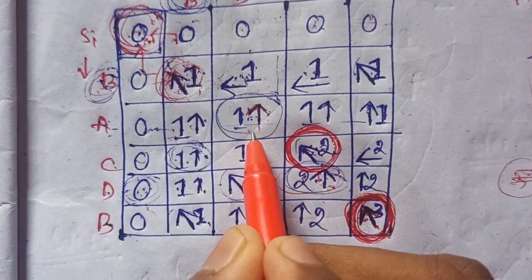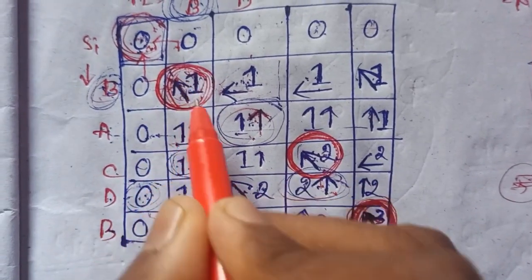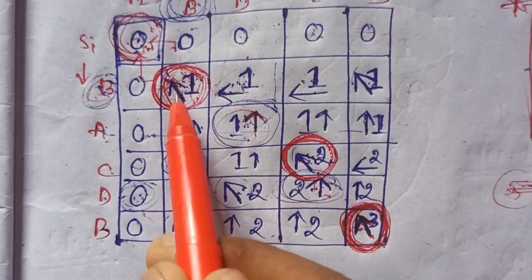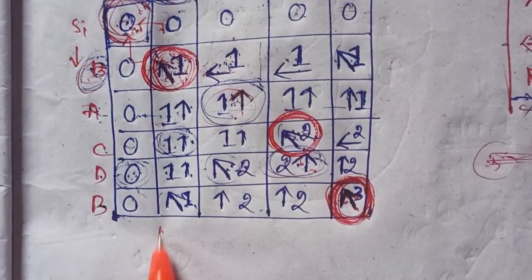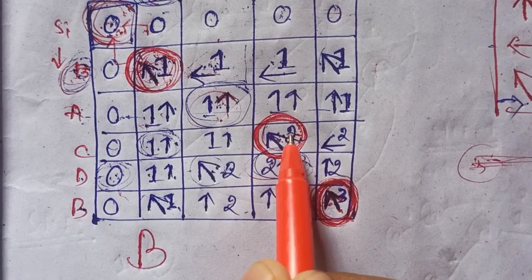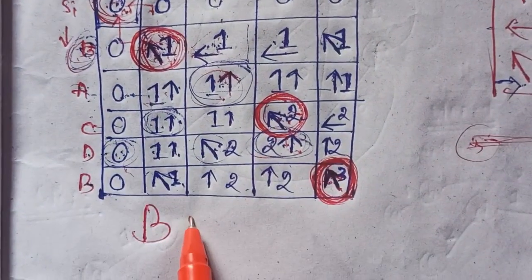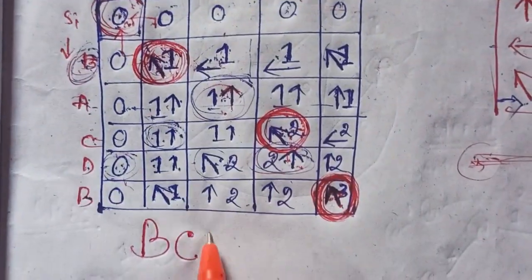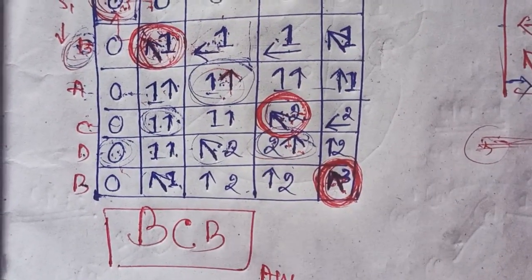Then it goes upward, then left, then to this one. After marking out all the diagonals, see, the first diagonal indicates B is common, so simply write down B. Then in the next diagonal, here 2, it indicates C, and here C, so simply write down C. And this means B, and here B. So our answer is BCB. It is the longest common subsequence of the given problem.